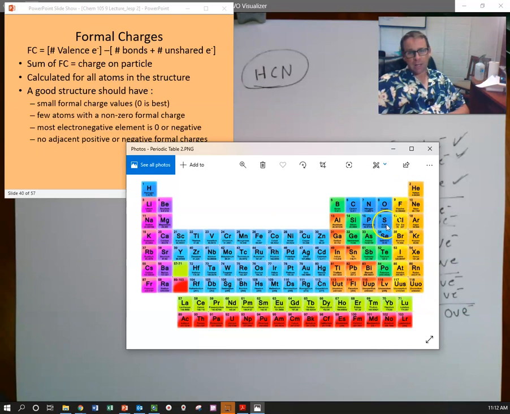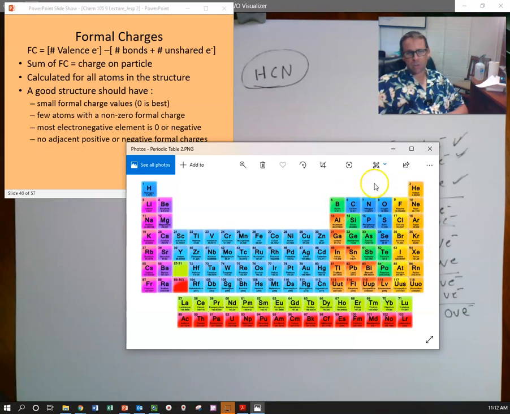And for stability, atoms will come together in compounds so that they can fill their outer shell. So here's selenium, for example. It has already, in terms of valence electrons, 1, 2, 3, 4, 5, 6, and it wants to have 8, like krypton. So that's how we know it wants to have 8.